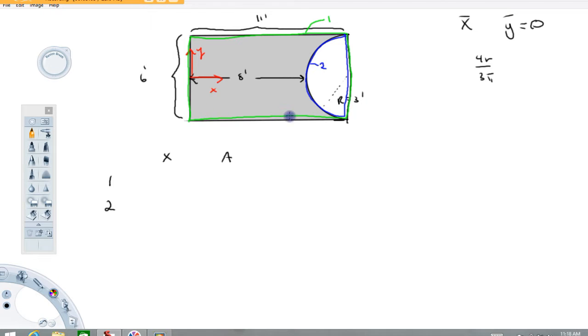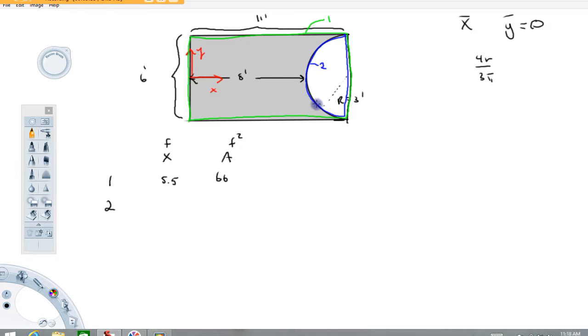Object 1 is the green one. X bar is going to be 5.5 feet, because from here to here is 11, cutting that in half. The area is 11 by 6, which is 66 square feet.